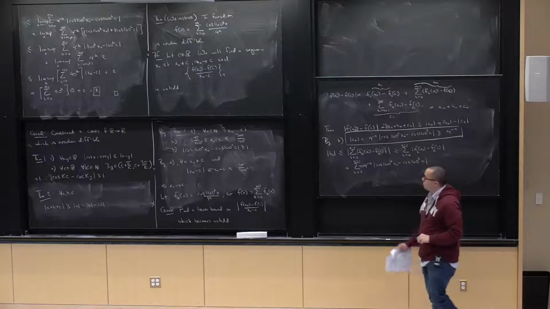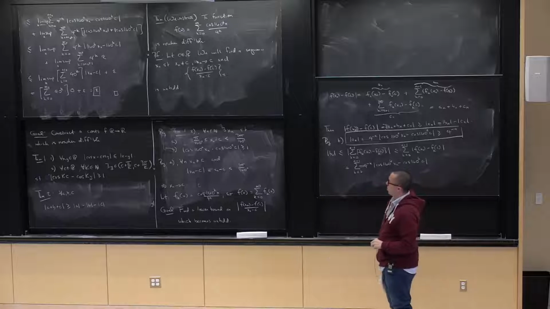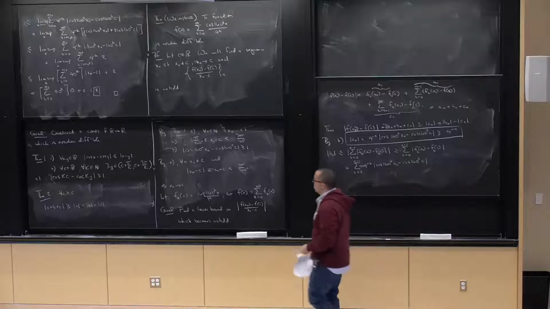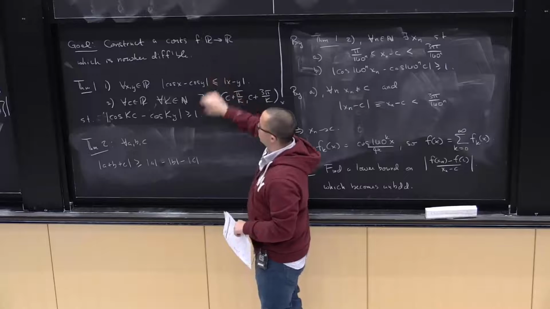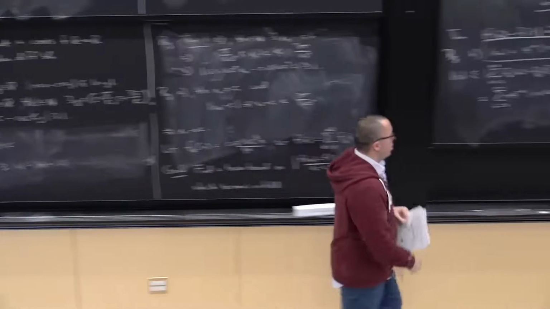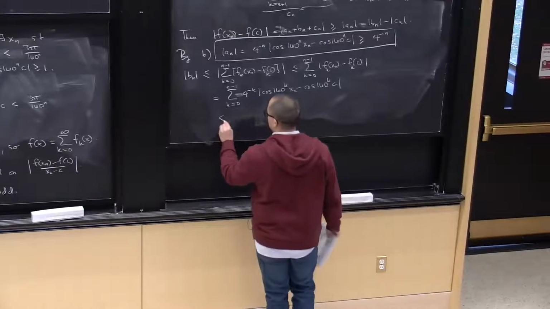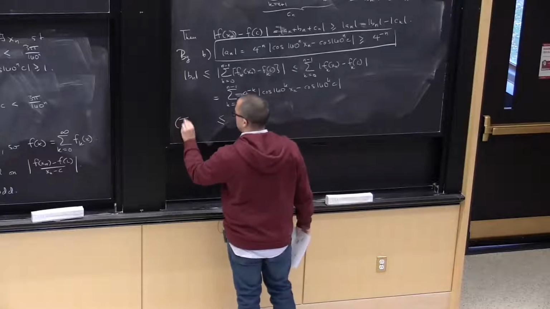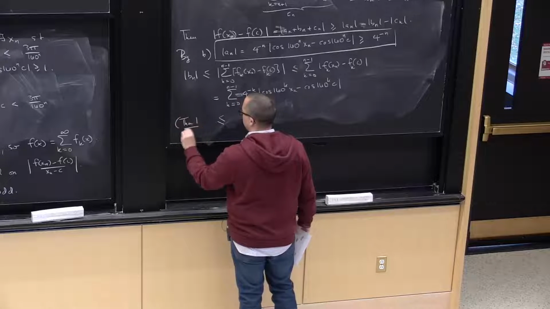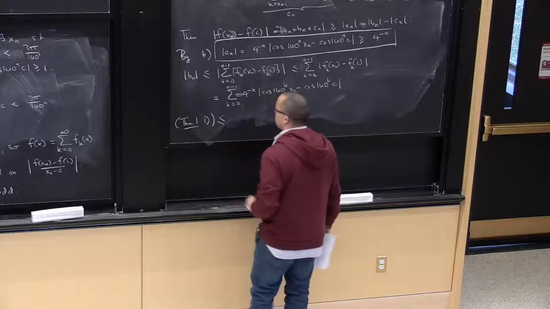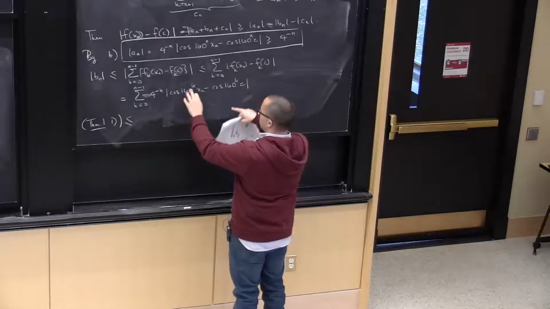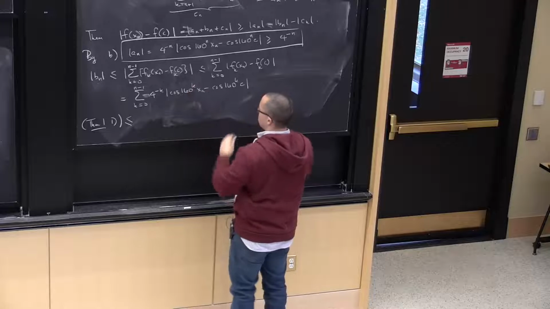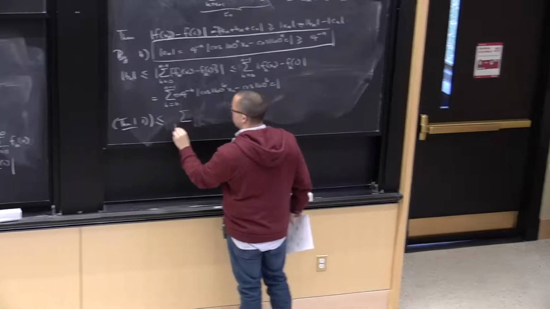And now we use theorem 1, part 1. So this is theorem 1, 1. The difference in these is bounded by 160k times the difference in those two.